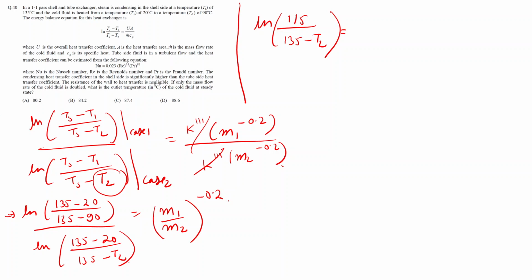This will go over this side, and this will come into the denominator. So this term will become ln of 115 upon 45 into 1/2 raised to minus 0.2.